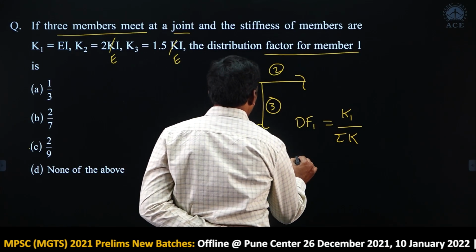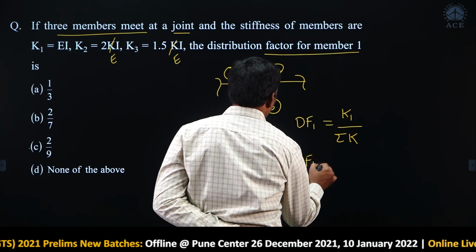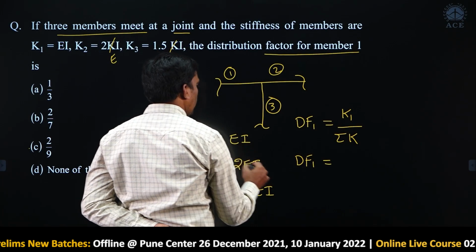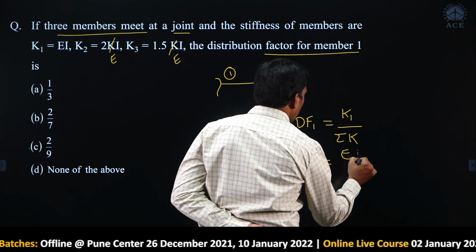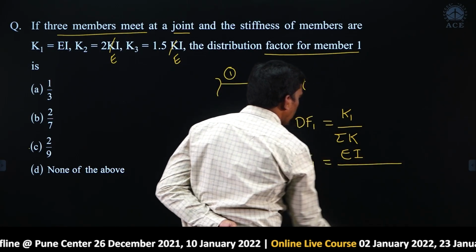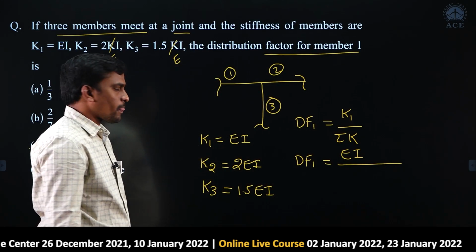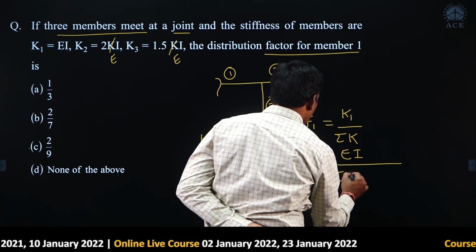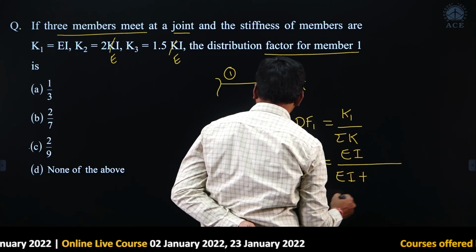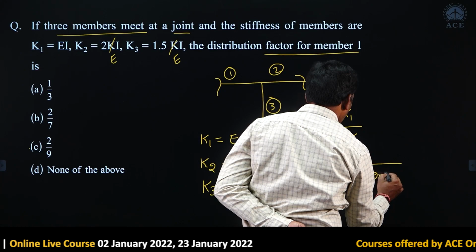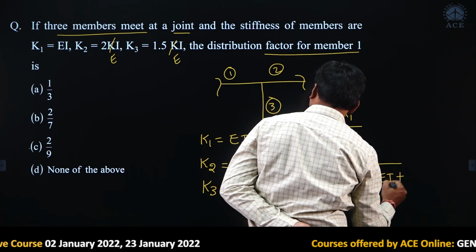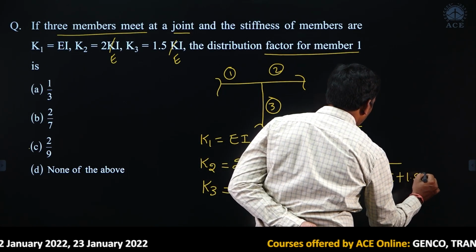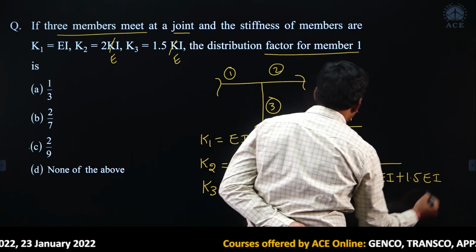So here, the stiffness for member 1 is EI, divided by the total stiffness, which means we have to add all the stiffnesses: EI plus 2EI plus 1.5EI.